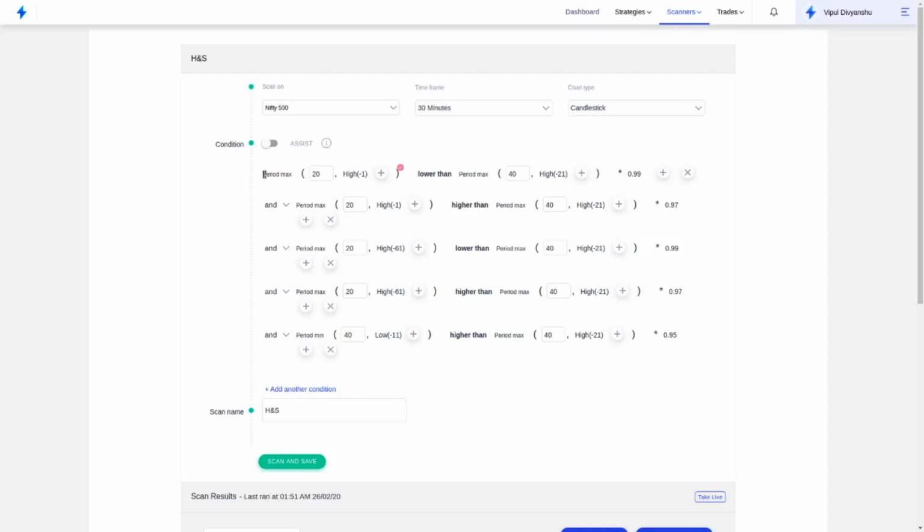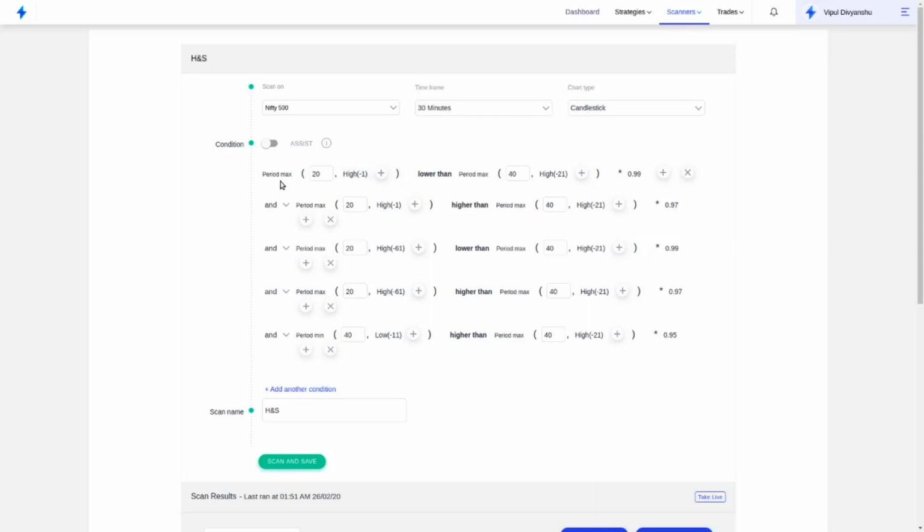Now, what is this period max first? A lot of people ask. It's just a simple technique of getting the maximum value of anything, like in this case the maximum highest value in 20 candles. So this is the period, so I can say 20, make this 40, so I'll just identify in 40 candles, but I'll keep it 20. What period max lets you get is the maximum value for the number of candles from a given time, right?